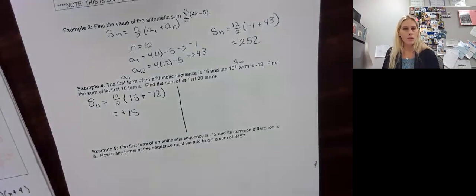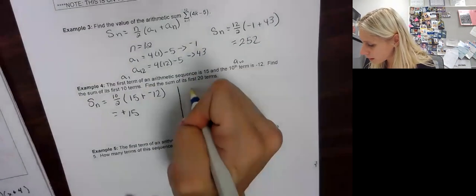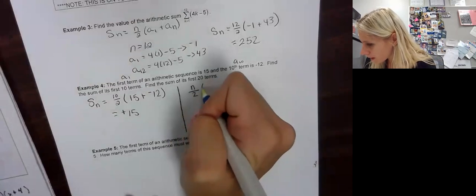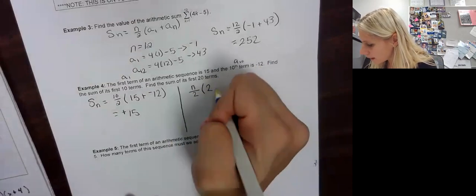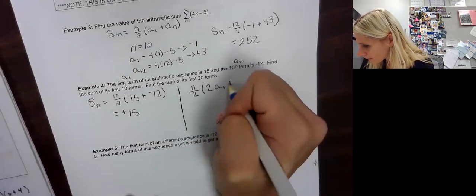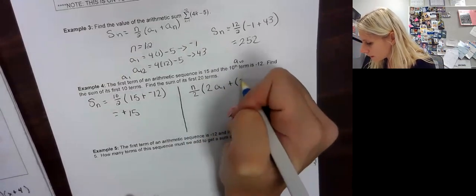But now what do we do? Find the sum of its first 20 terms. This is where you might want to use the second one, because we know n is 20. We know a subscript 1 is 15. We know n is 20.